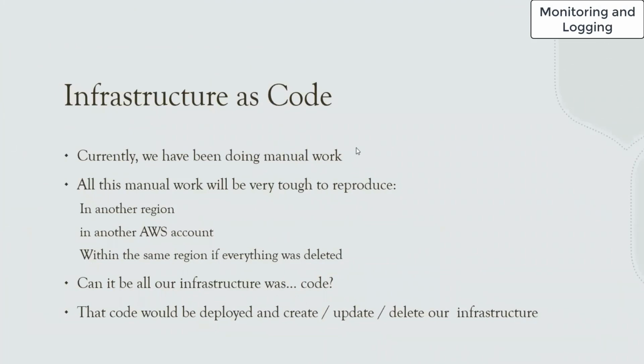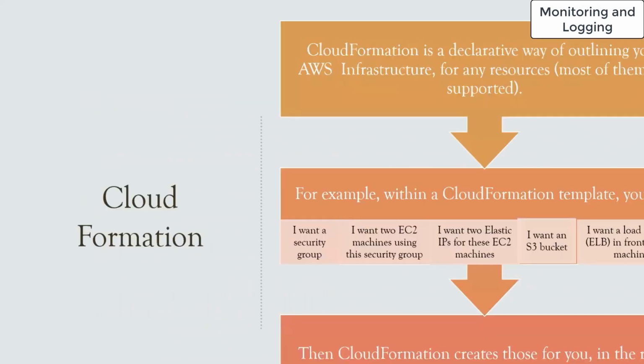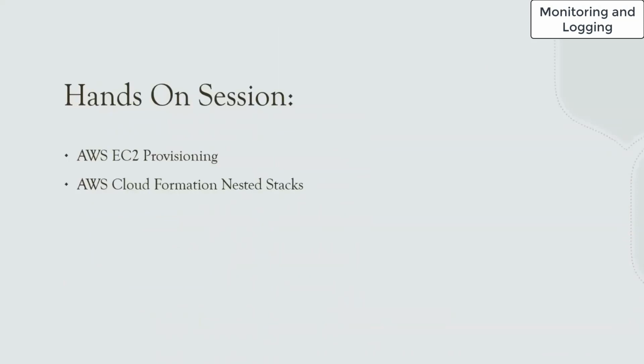We also did a hands-on session where I showed you an example of a template in JSON format, and a template in YAML format. So we have seen both scenarios, and at the end we saw how we can provision an EC2 instance using CloudFormation, which is an automated way of deploying applications.